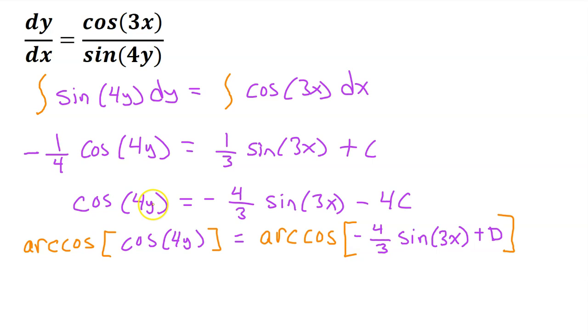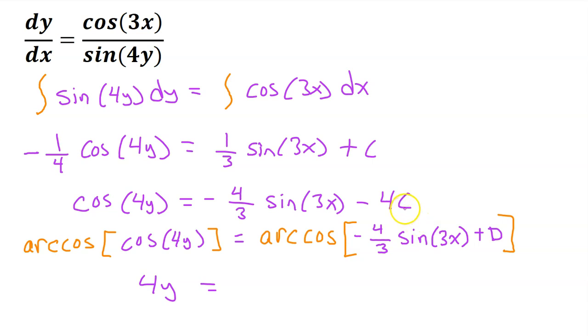Our goal is to get y by itself. In order to cancel out the cosine, we need to take the arc cosine of both sides of the equation. On the left side, the arc cosine and the cosine will cancel each other out and leave behind just the 4y. I'm going to recopy all of this.